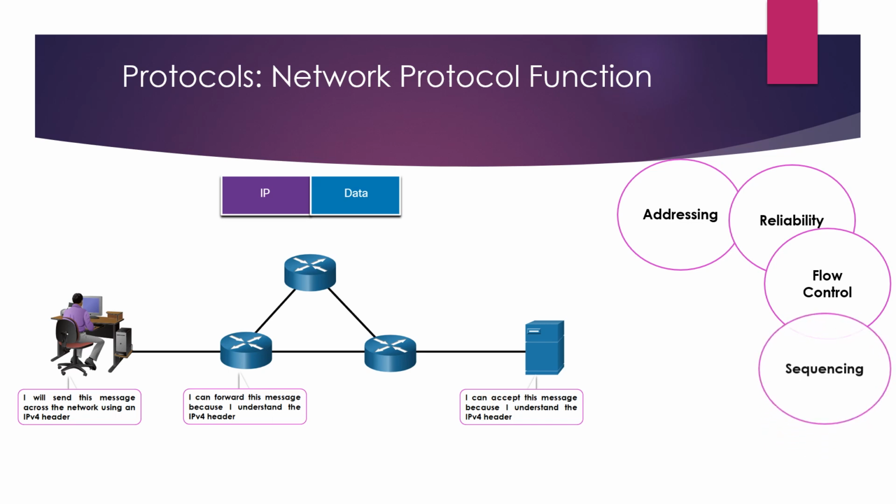We will also have the function of sequencing. With this function, we uniquely label each transmitted segment of data. The receiving device uses the sequencing information to reassemble the information correctly. This is also useful if the data segments are lost, delayed, or received out of order.